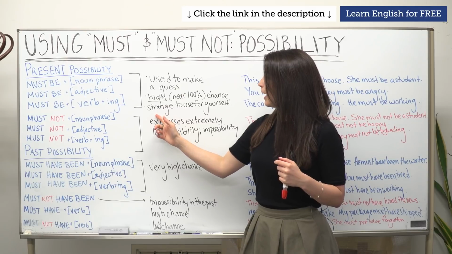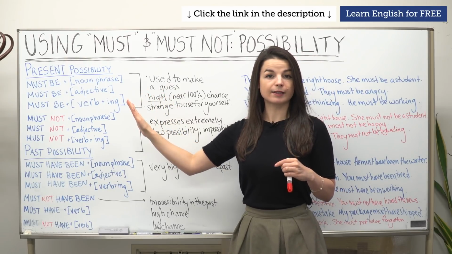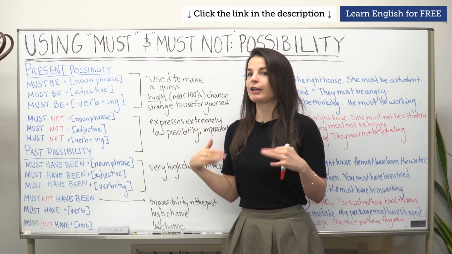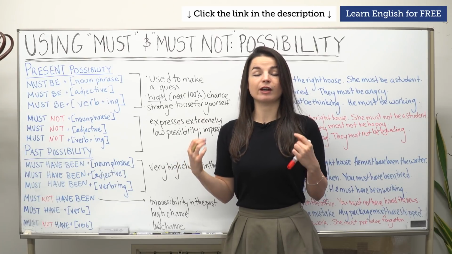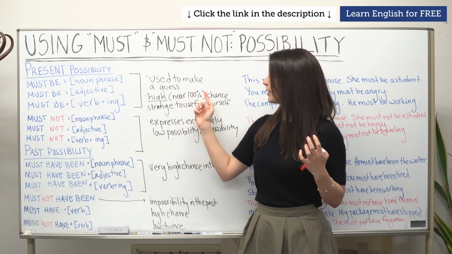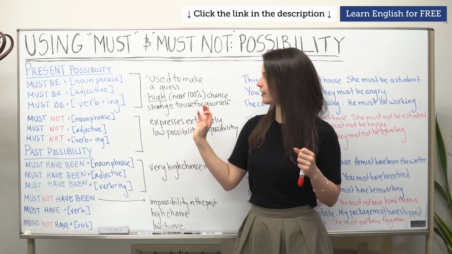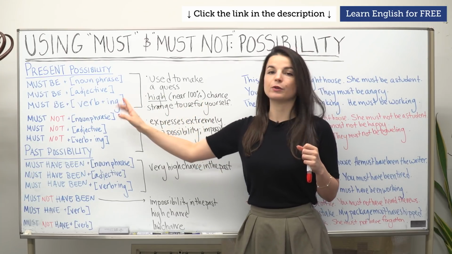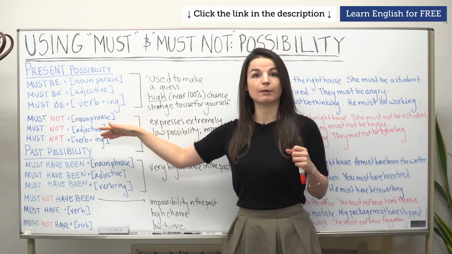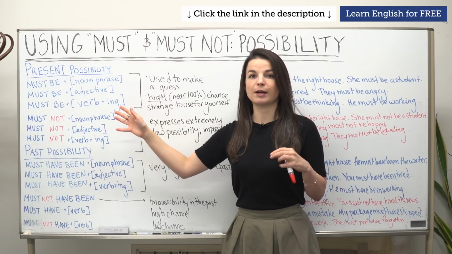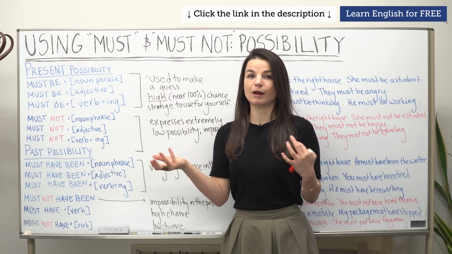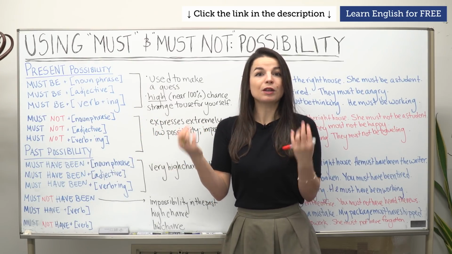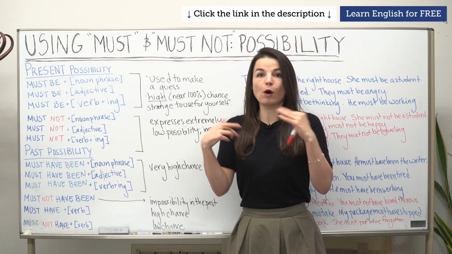Also, keep in mind that because this is a guess, because you are giving a very strong opinion that something is probably correct, it's very strange to use must and must not in most cases to talk about yourself because we know ourselves and we know our group.